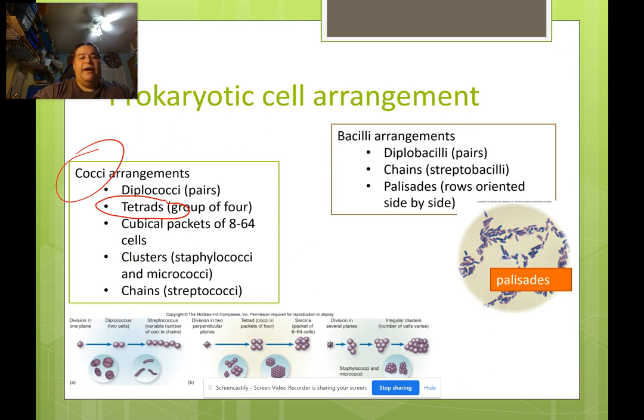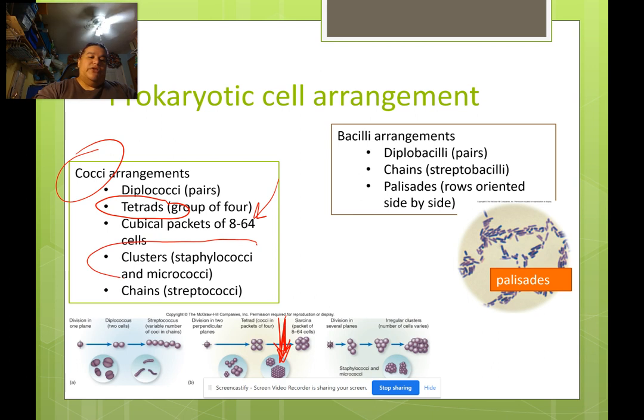You can also have cuboidal packets of between 8 and 64. So this would be a cube. So that's 8. You can also have bigger packets that you can see like down there, where you've got quite a few all together in this cube shape.